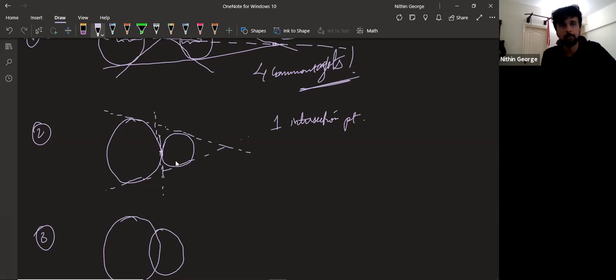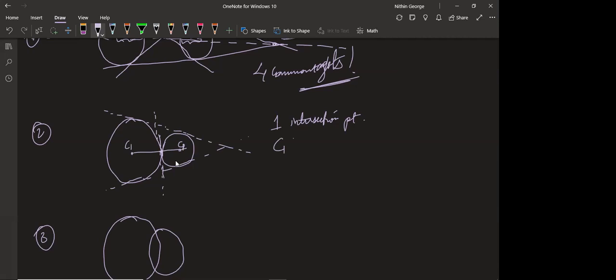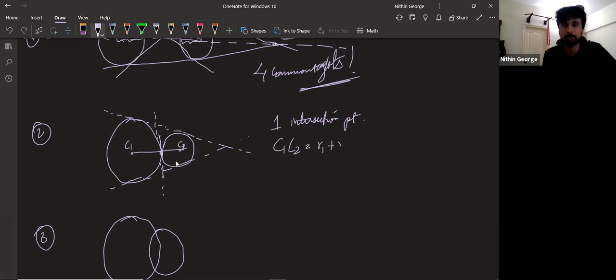So here, what can you say about C1C2, the distance? It is equal to R1 plus R2. So that's when you know both of them touch at a point. You have two circles given to you. You just check the distance between the centers and the sum of their radii, so you know where they lie with respect to each other.